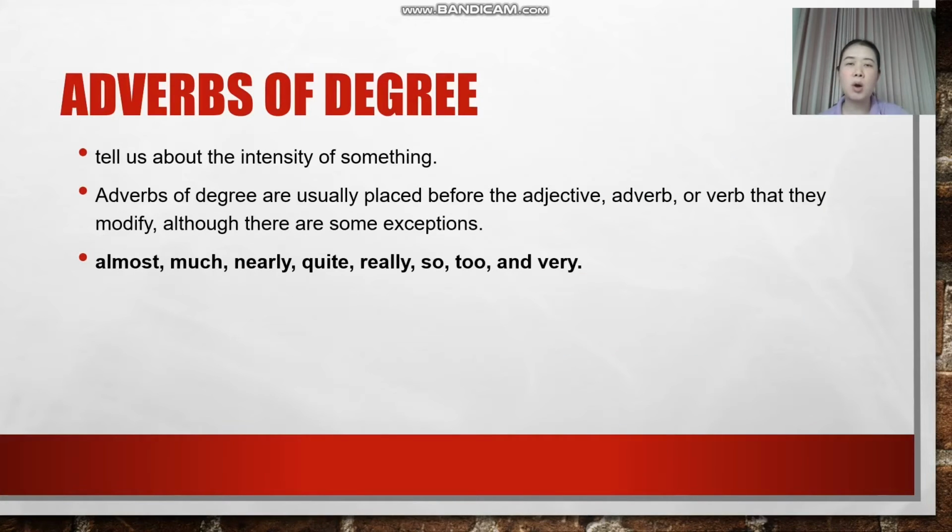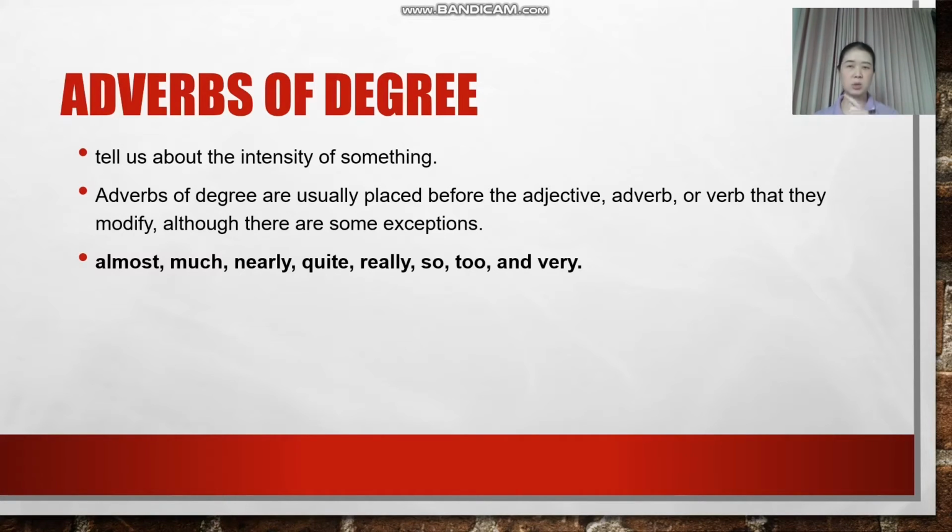We have what is called adverbs of degree. Okay, adverbs of degree. So that is about to tell the intensity of something or to what extent. Okay, to what extent. And normally these kind of adverbs are usually placed before the adjective, adverb, or verb that they modify, although there are some kind of exceptions.